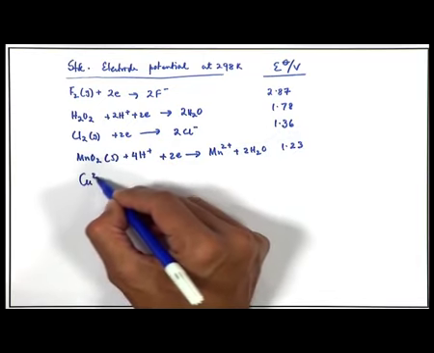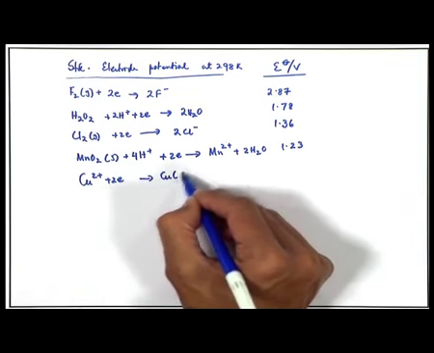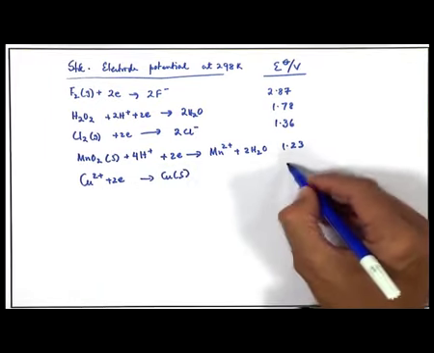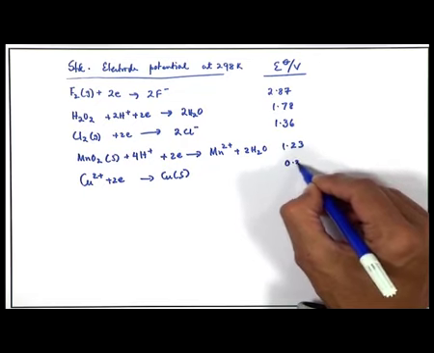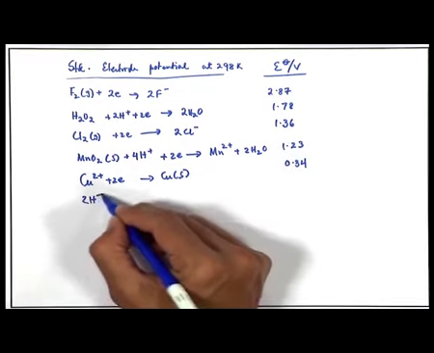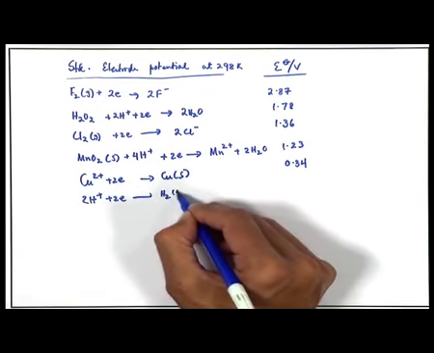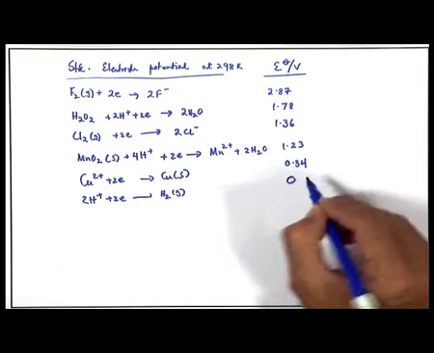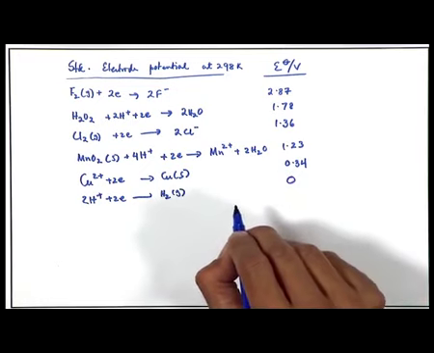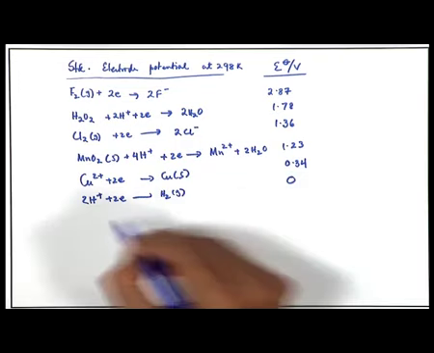Cu2 plus plus 2 electrons gets you Cu solid, its value is 0.34. Okay. 2 H plus plus 2 electrons gives H2, it is assumed to be, at all temperatures, at 1 bar pressure, equal to 0.